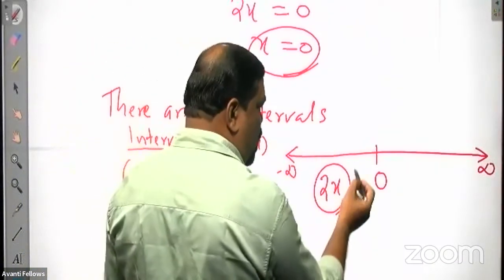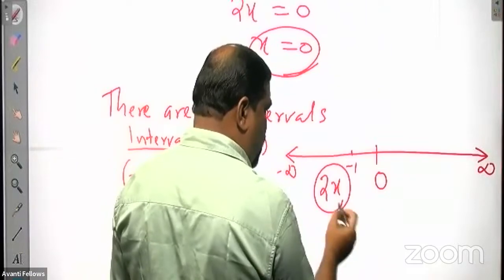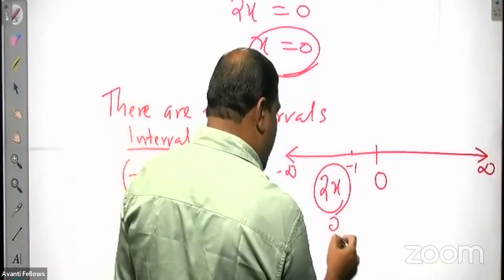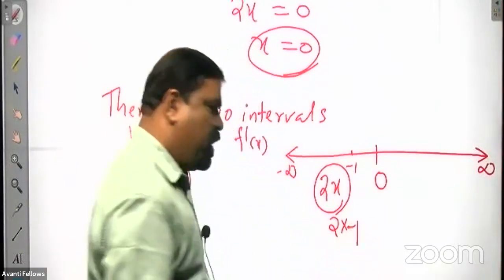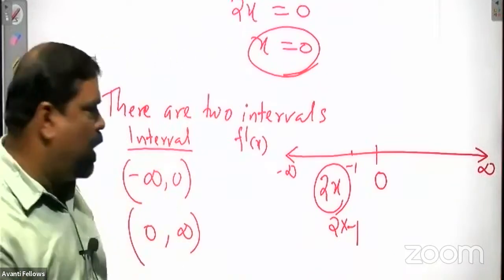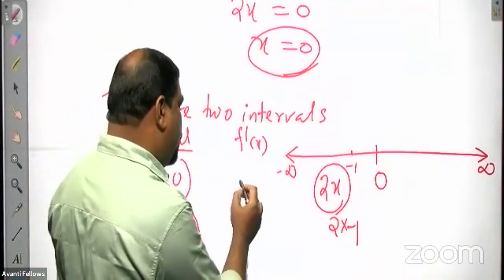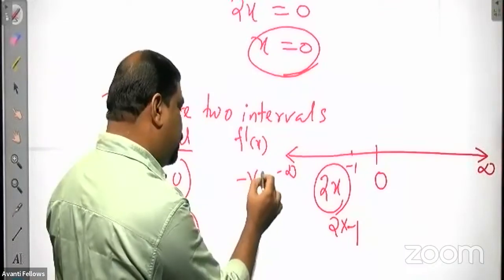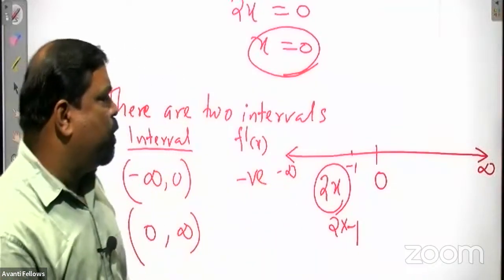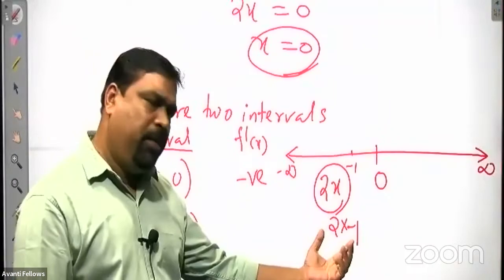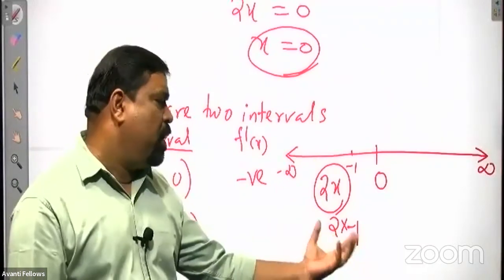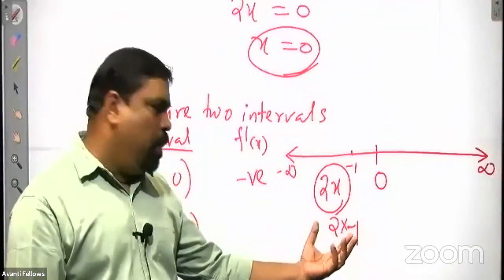Derivative is 2x. If I put -1, which belongs to this interval, I get 2 into -1, which is -2. That means it is negative. If you take -2, 2 into -2 is negative, 2 into -3 is negative. Everywhere it will be negative only.